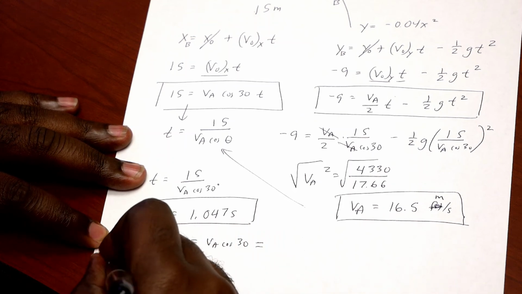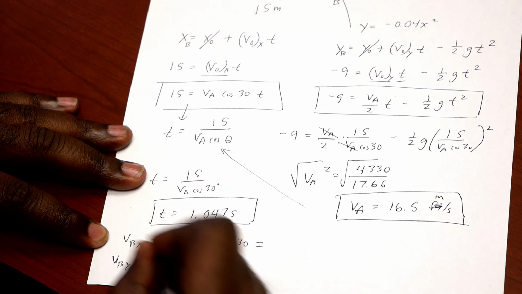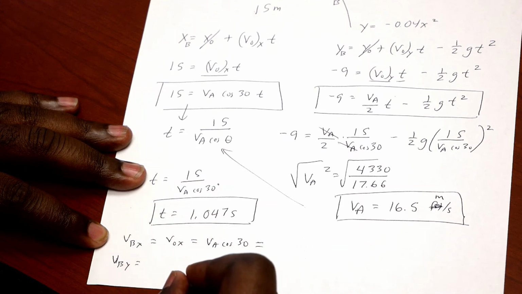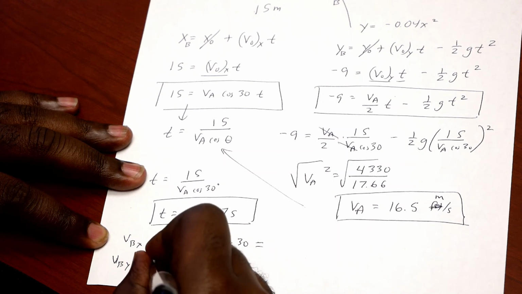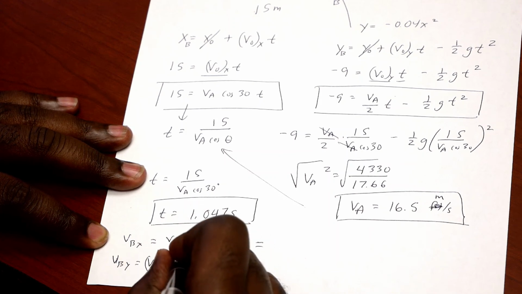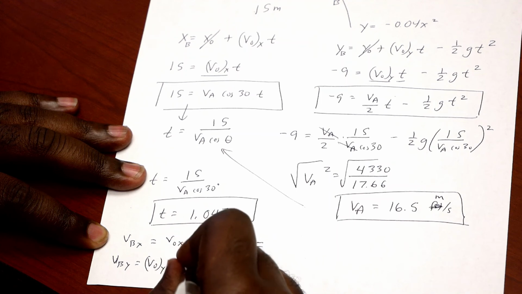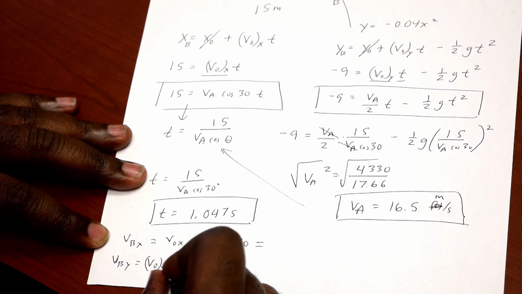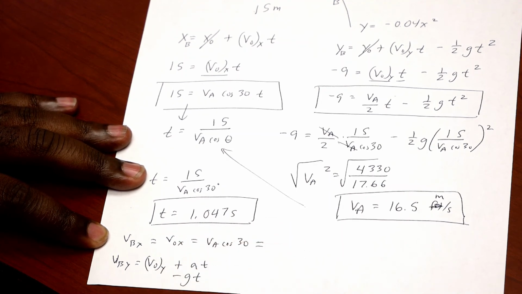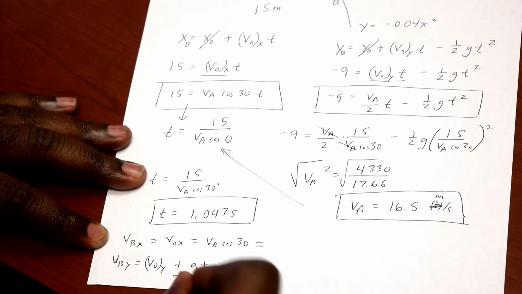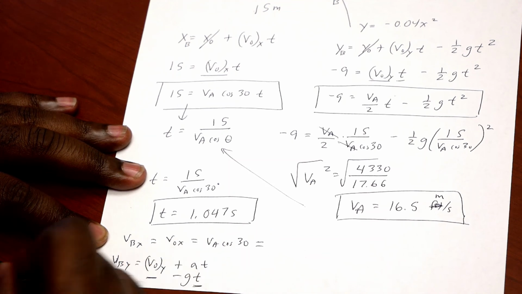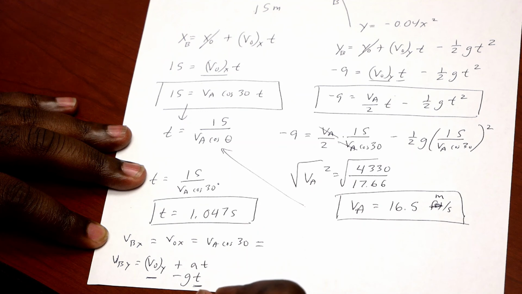Now VBY is due to constant acceleration, so we have VOY, the initial velocity in Y, plus AT, which in this case would be minus GT, okay? And the good thing is we know what T is, we know what V naught of Y, so we can just solve this algebraically.